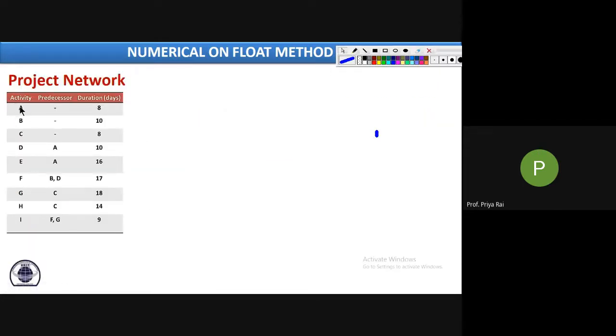Here, activity A, activity B, activity C have no predecessor. Predecessor means the activity which is before this activity, the arrow before this arrow. They have no predecessor, so these are the independent activities. For drawing the independent activities, what do we draw first?